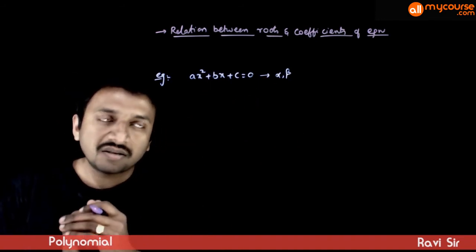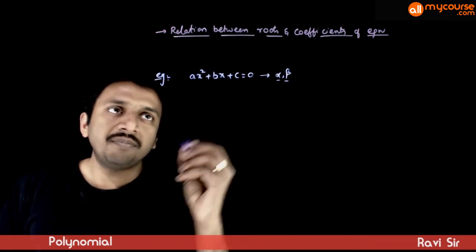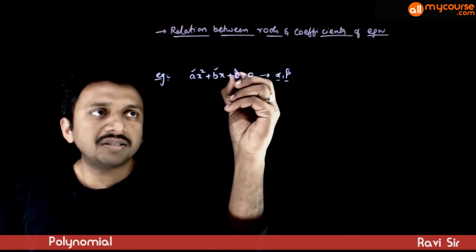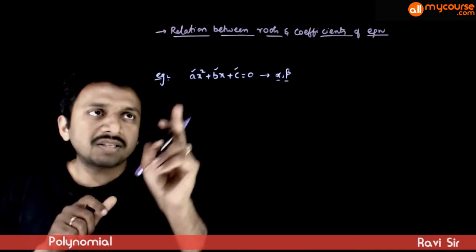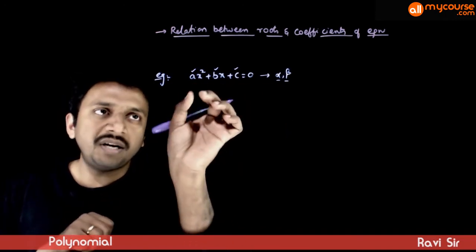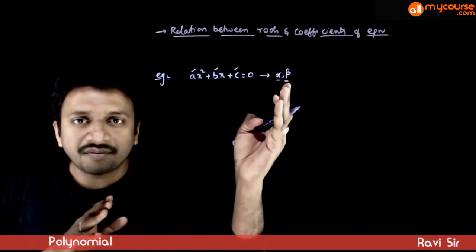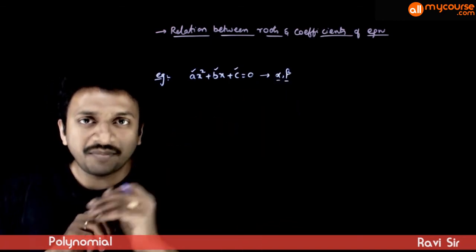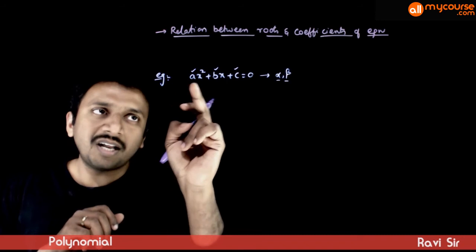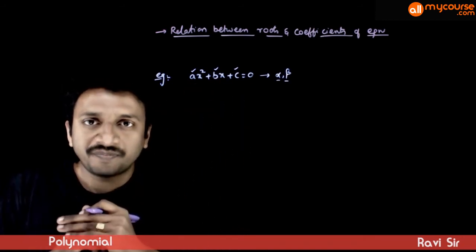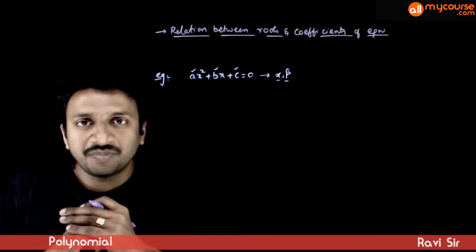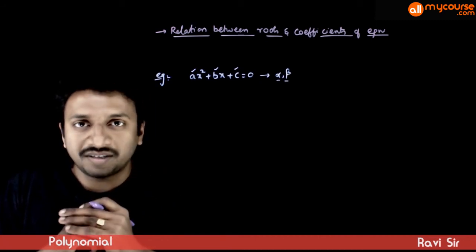Now the question is, how do we relate alpha and beta with the coefficients a, b, c? Obviously, these roots alpha and beta depend in some way on a, b, c, and if you have roots alpha and beta, they in some way determine the coefficients a, b, c. So what is the relation between these two quantities?